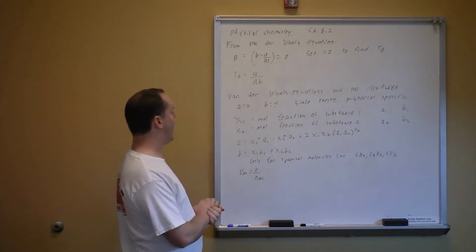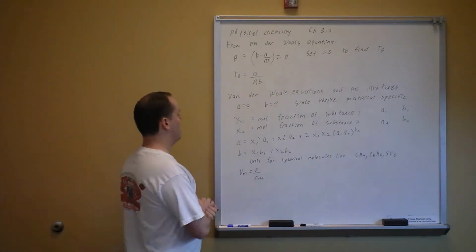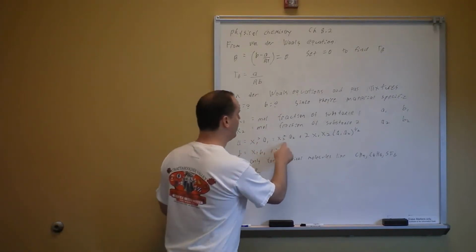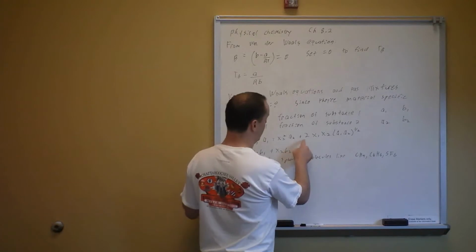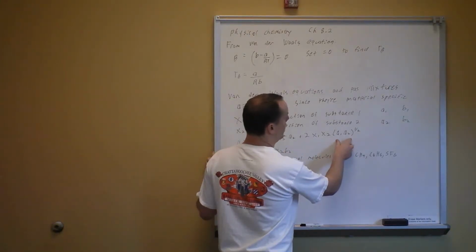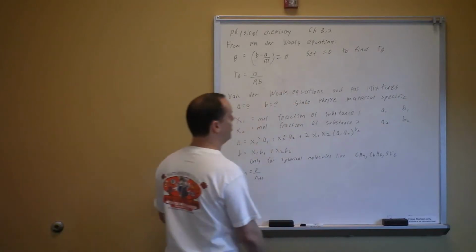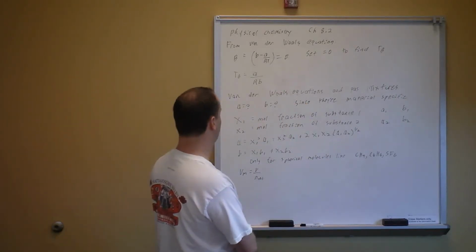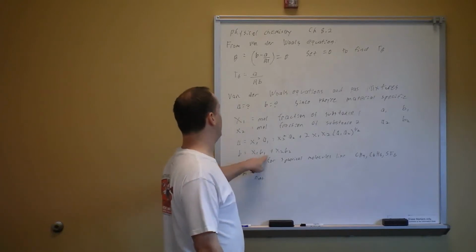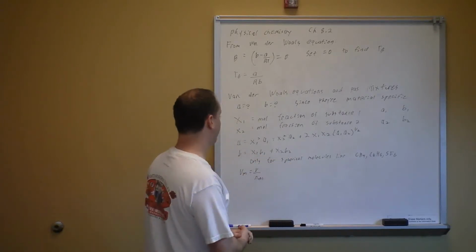To estimate what's going to happen if we mix them together, we get a equals x1 squared times a1 plus x2 squared times a2 plus 2 times x1 x2 times the square root of a1 a2. Likewise, b is just x1 b1 plus x2 b2.